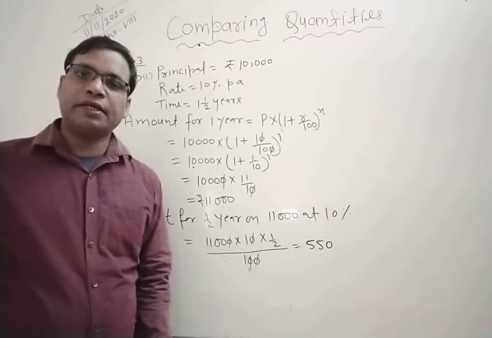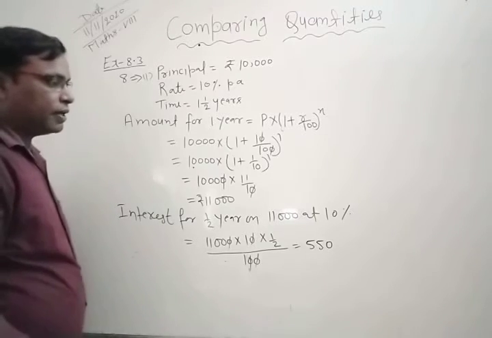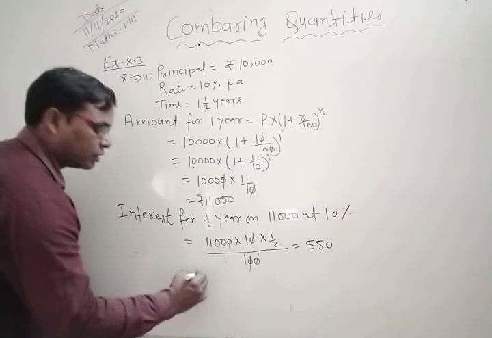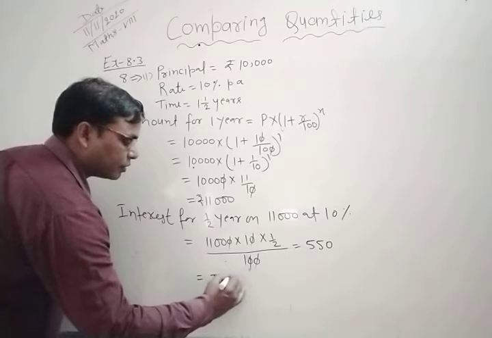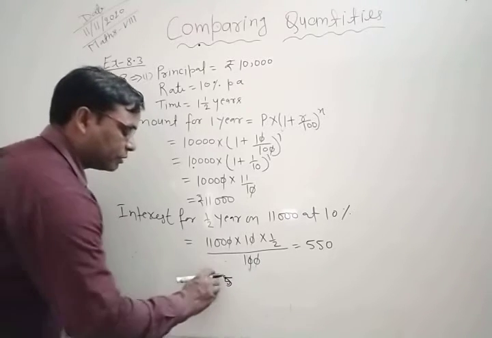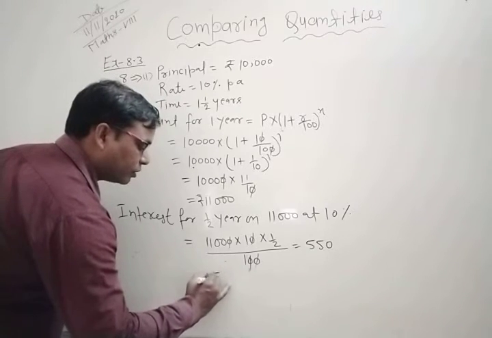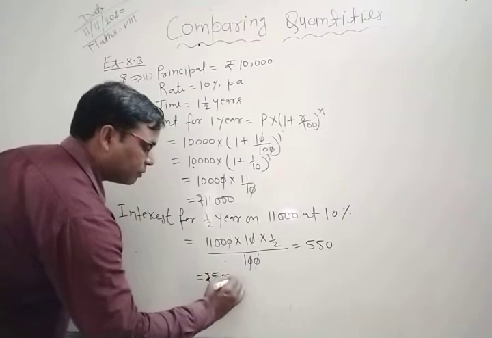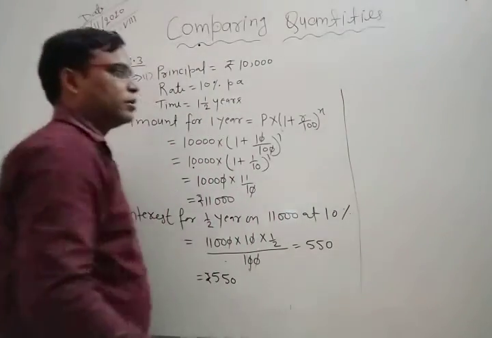So the interest for half year is 550 rupees. Now we find the total amount for 1.5 years.